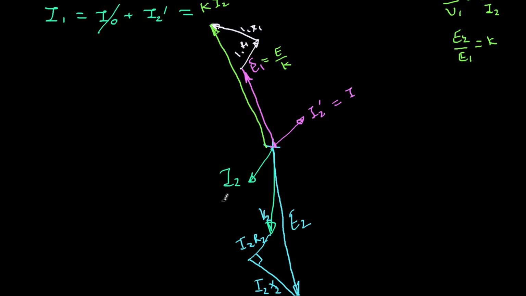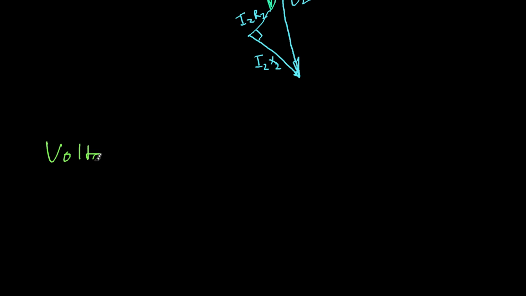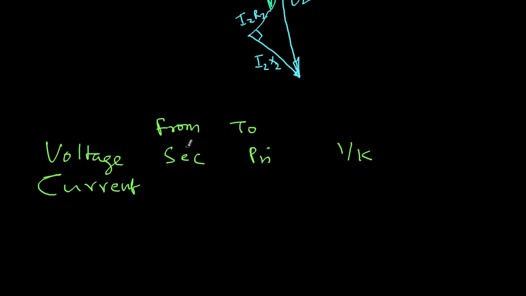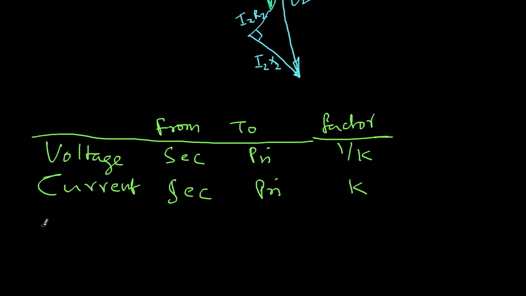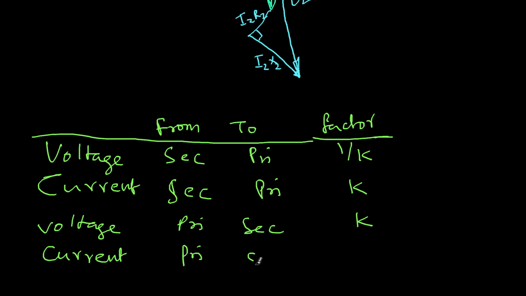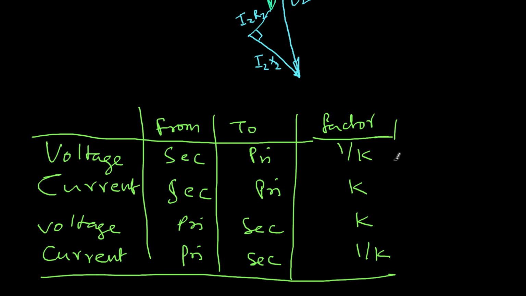And whenever currents are going from secondary side to the primary, again, let me restate: voltage going from secondary to primary, you divide by K, whereas current going from secondary to primary, you multiply by K. On the other hand, if I transfer any voltage from primary to secondary, I have to multiply by K. And if I transfer any current from primary to secondary, you have to multiply by 1 by K. This is basically logic on the working of transformers.